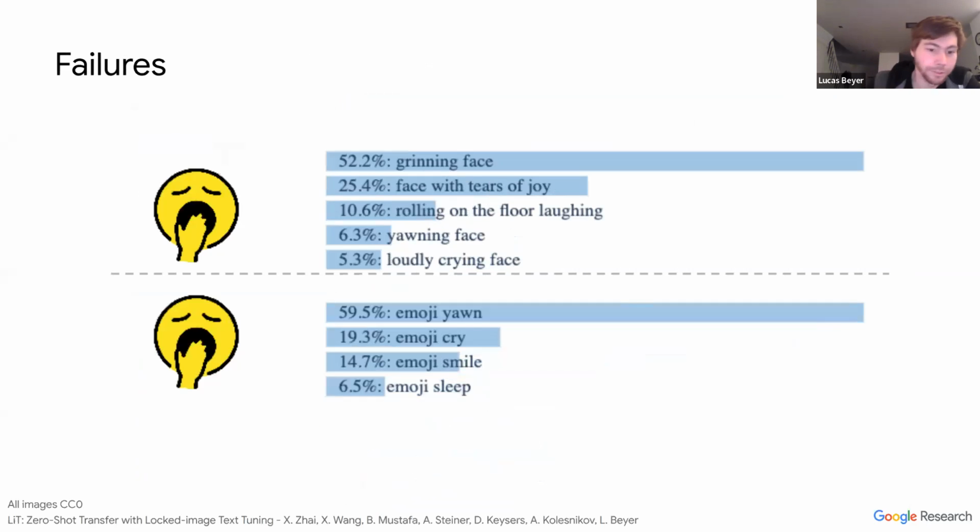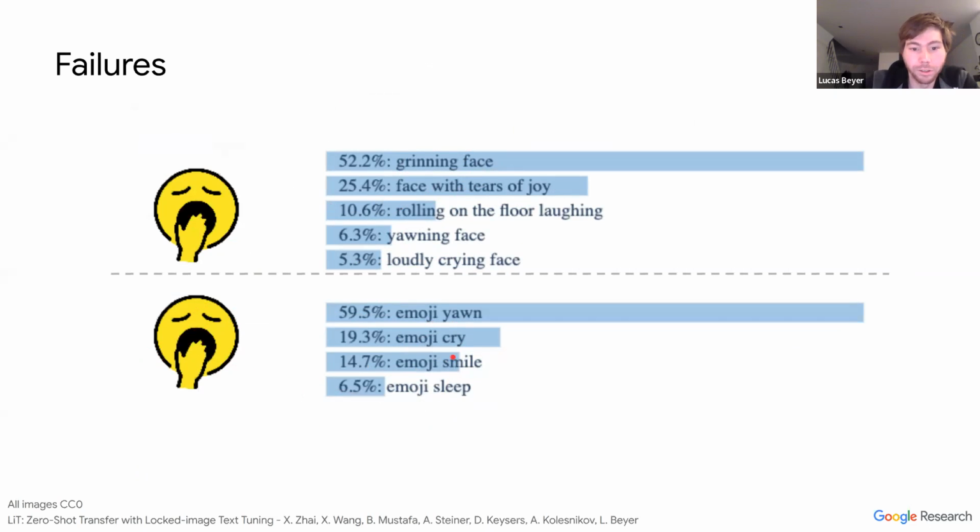Multilingual. And very final, and then I stop, caveat: whenever you see such demos, remember that the people making these demos write the texts. And by playing around with the text, you can also make misleading demos. For example, here, if we write these texts, emoji yawn, emoji cry, emoji smile, emoji sleep, it looks really good. Emoji yawn is much better.